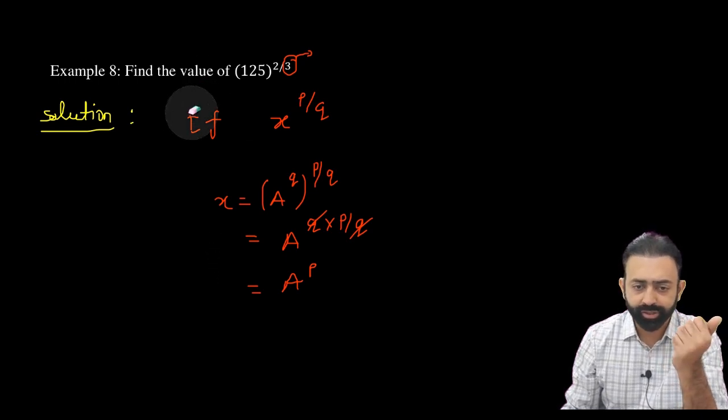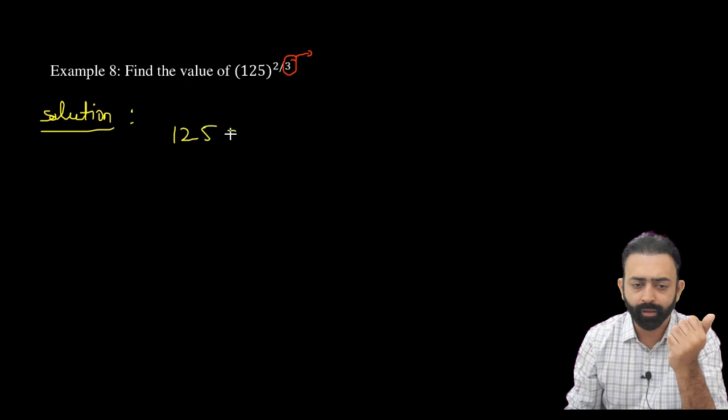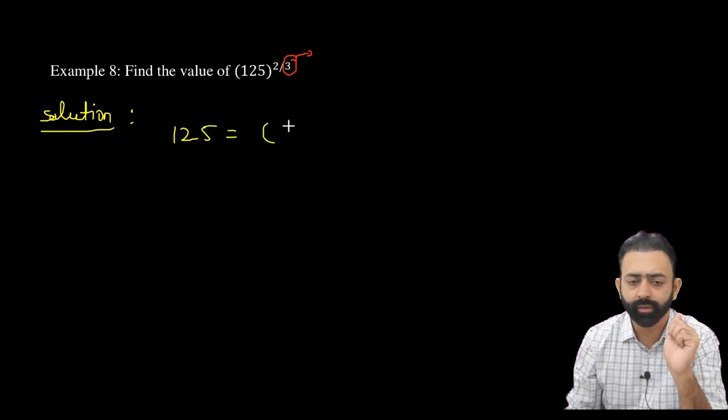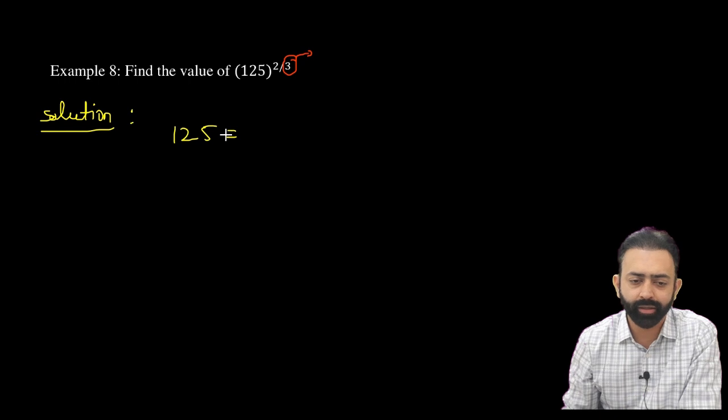So let us do this question. As I said, I need to write this 125 as something raised to power 3. And what is that something? I know that 125 is the cube of 5, right? So let us take 125 raised to power 2 by 3.